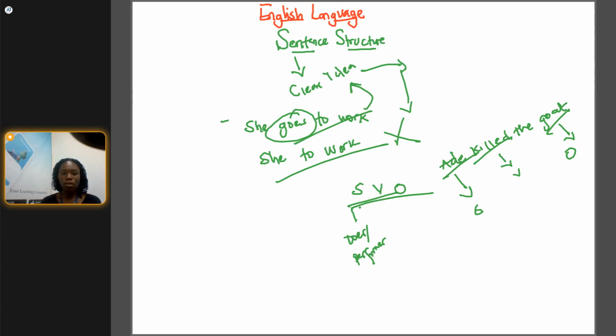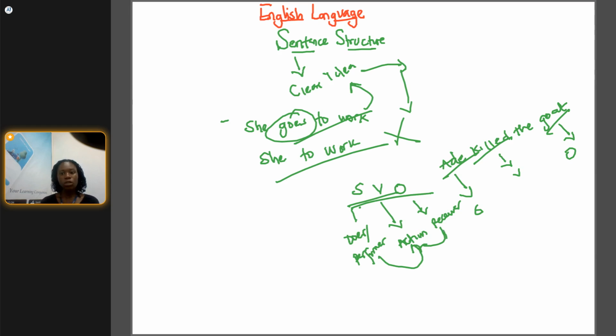The verb is the action, and the object is the receiver or the recipient of this action. So the subject does the verb while the object receives the verb.